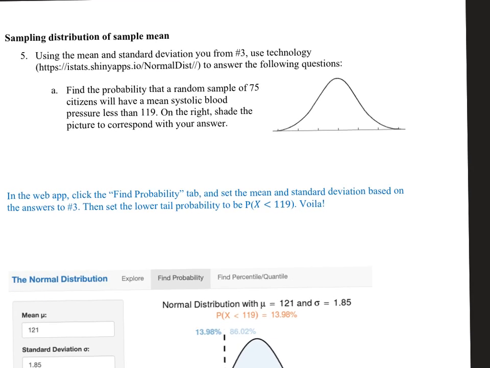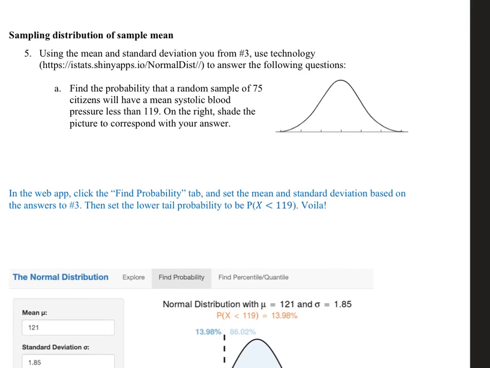So for this A part, for example, we reproduce this. So 121, 123, 125, 119, 117. So this is my picture from the previous page. The question says, find the probability that a random sample will have a mean blood pressure less than 119.